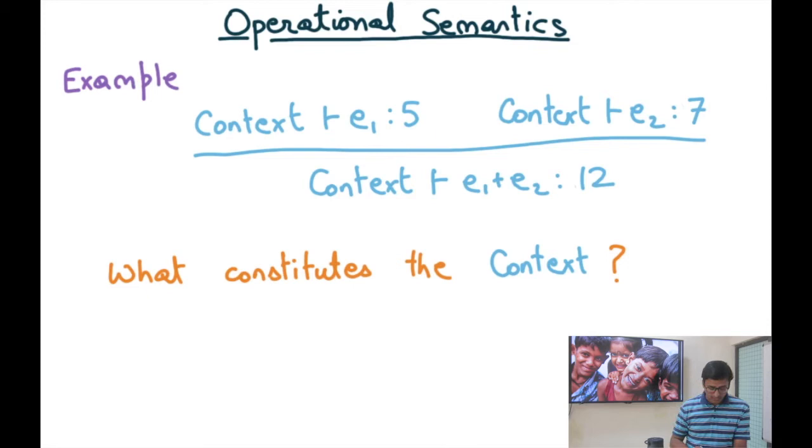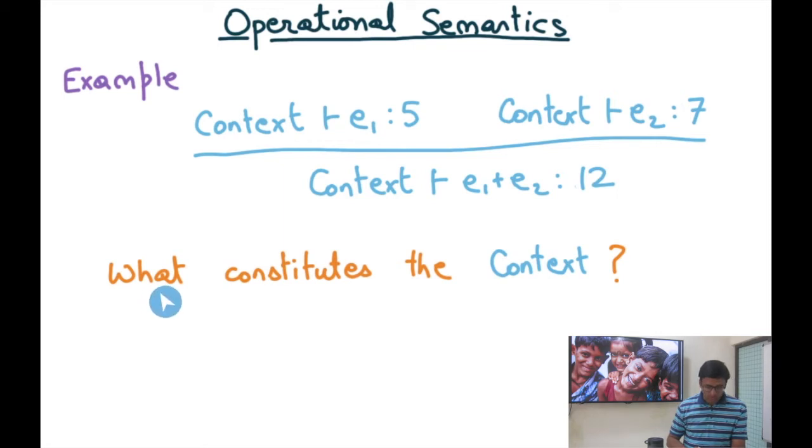Also, this rule is saying that during the evaluation of E1 plus E2, the context does not change. Okay, so as we are already familiar, an inference rule basically encodes a lot of information in a very small amount of notation, and so it's very important to carefully read an inference rule.